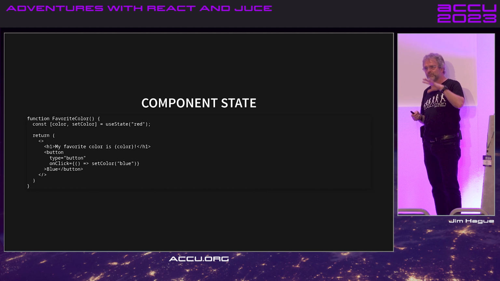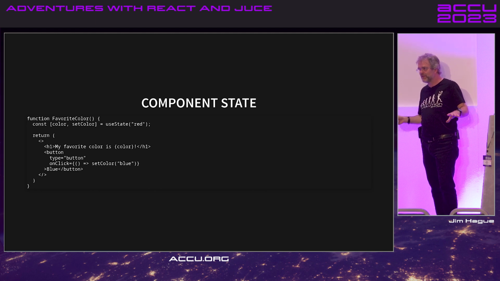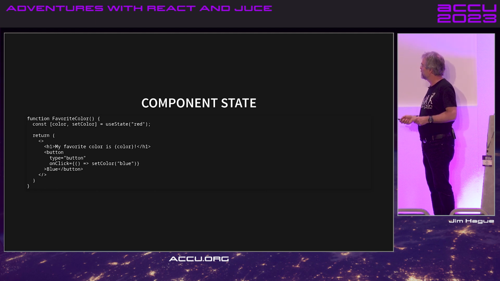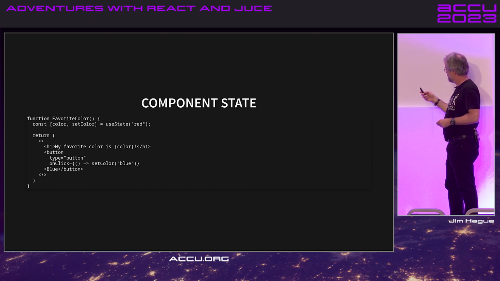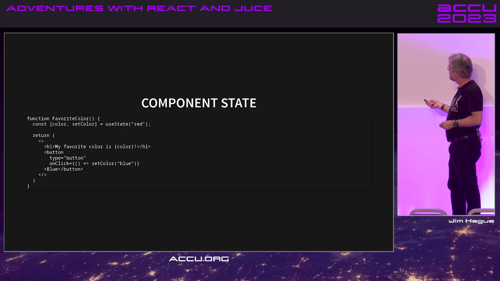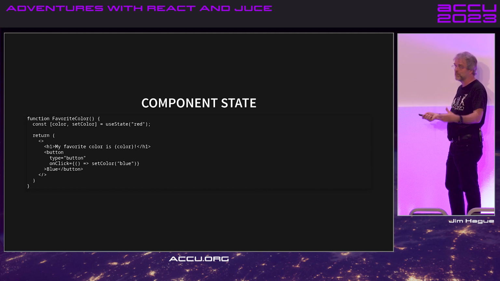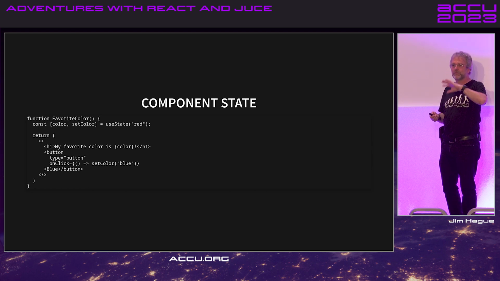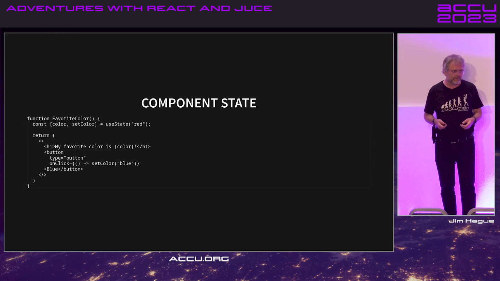Now, as with properties, anytime you change state in React, it will re-render that component and all children of that component by running the component function. If it's defined in a functional way, it runs the component function and picks up the result from that function. If it's a class, there's a method called render, which basically does the same thing.